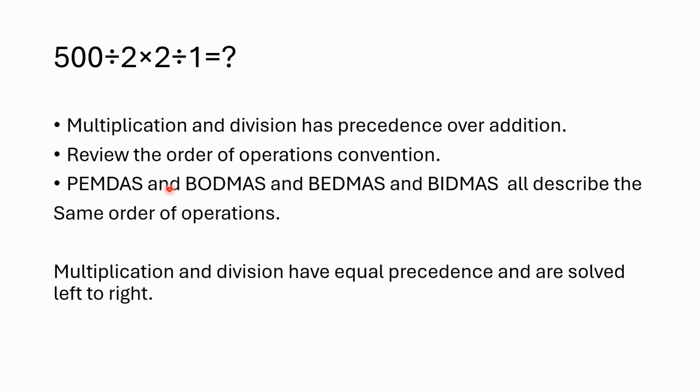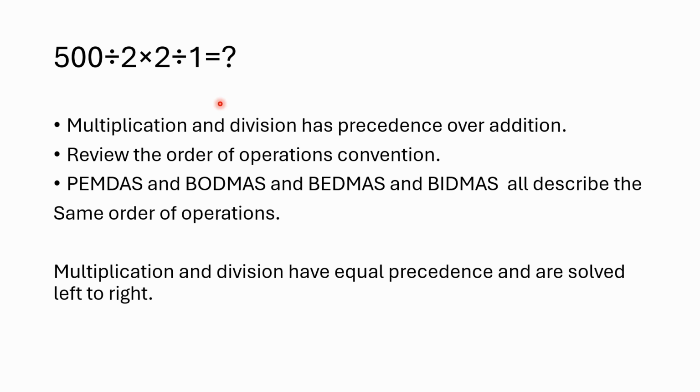Back then there was an interpretation of the obelus, which is the division symbol, where everything to the left was considered to be in the numerator and everything to the right in the denominator. So it would actually be considered 500 divided by 2 times 2 divided by 1 altogether. But I don't really see that interpretation used anywhere today.